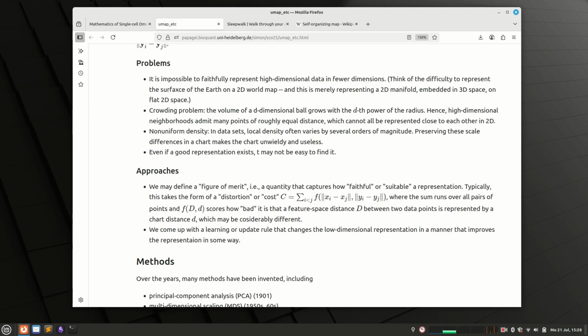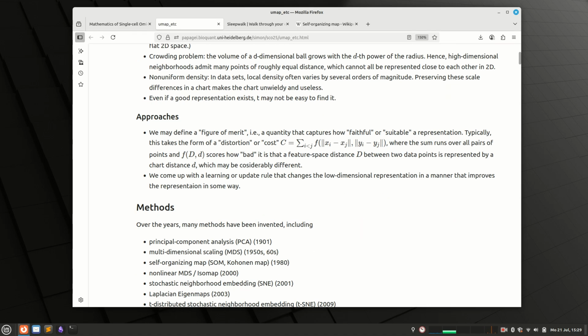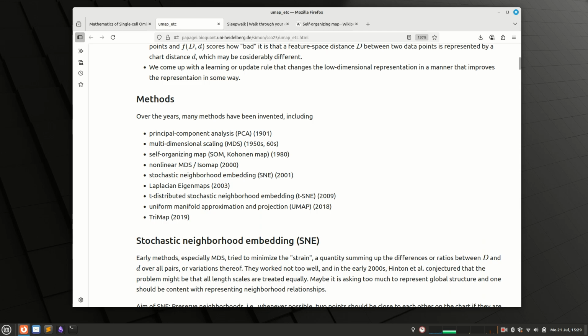Once they are so far apart from each other that we wouldn't call them neighbors anymore, they can be anywhere on the chart, rather close, rather far, as long as they don't end up sitting right next to each other. So this is the fundamental idea. We only want to preserve neighborhood, but once two points are no longer neighbors, all we care about is that we don't end up next to each other on the plot. Make sense?